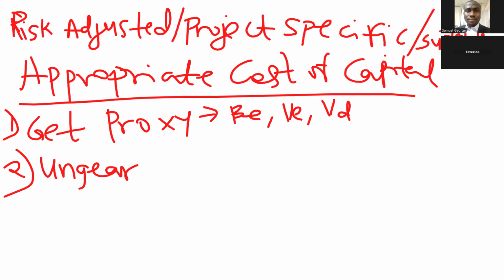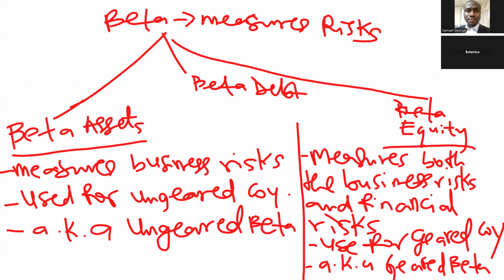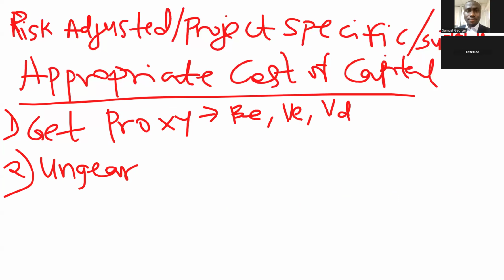This beta equity that you got from proxy, what does beta equity measure? Like I said here, beta equity measures both the business risk and financial risk, meaning that inside that beta equity, business risk is inside, financial risk is inside. What you are only looking for is the business risk. Now, the level of their financial risk may be different from your own.